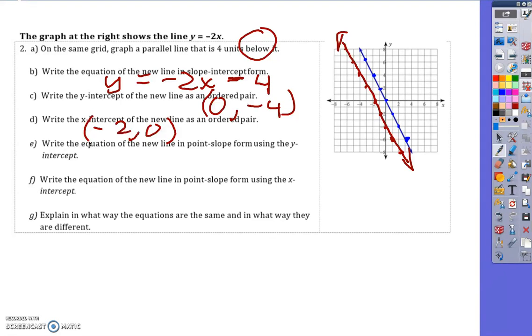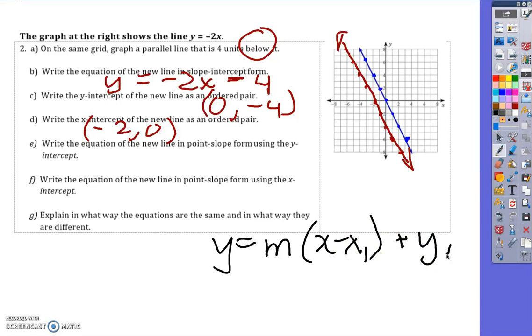And write in point slope form using the slope. So I'm going to write down the point slope form equation, which is y equals m parentheses x minus x1 plus y1. So we've got y equals my slope of negative 2, parentheses x minus 0, plus 4 plus negative 4, so minus 4.